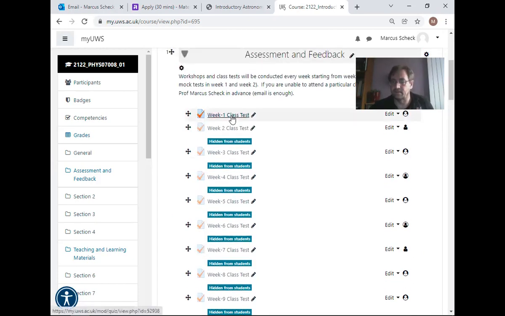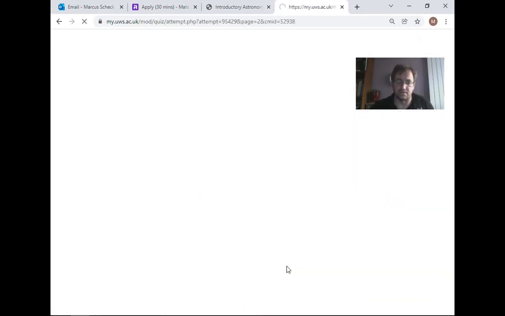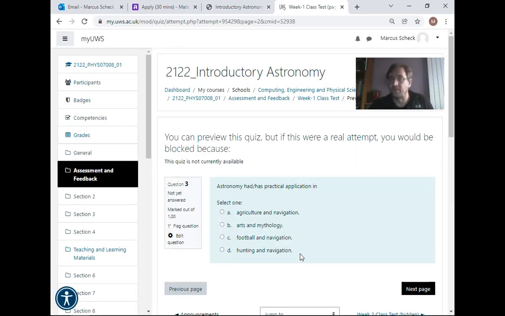It's basically the different class tests. Looking into it in preview is for me, for you it looks slightly different. Then you have one attempt to go through and answer these 8 questions. You can always go back to the previous question and change, and you can have another look over at the end.